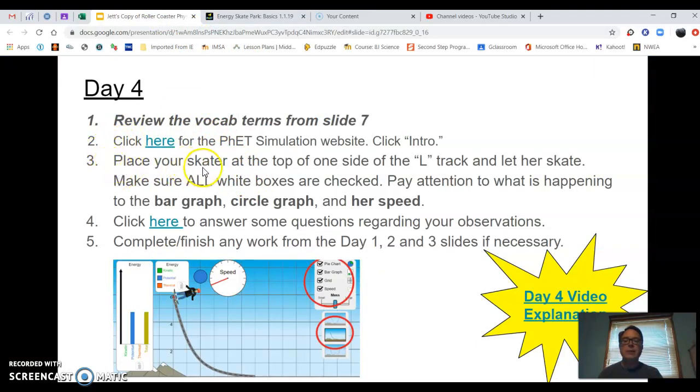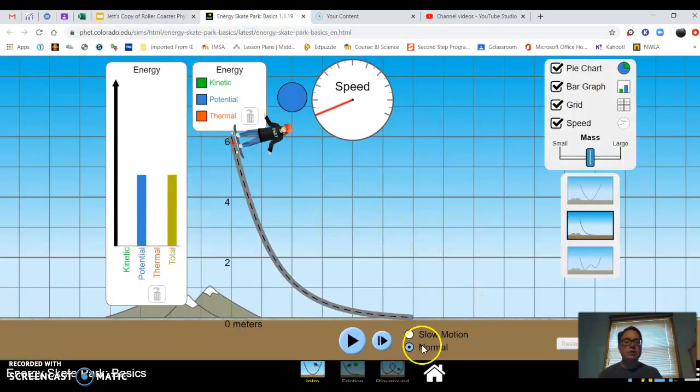So step 3, place your skater at the top of the slide, the L track, and let her skate. Make sure all the white boxes are checked. Pay attention to what is happening to the bar graph, circle graph, and her speed. So let's do that right now. Going back here, we're going to just go through this a few times. Notice how these change. The speedometer will change. Here we go.